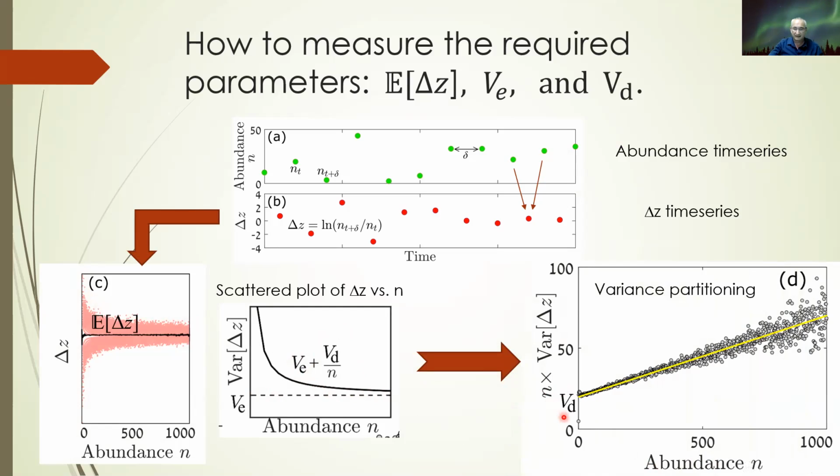So the intercept with the y-axis is the parameter VD needed, and the slope of this yellow line gives me the environmental stochasticity. So that's how one can extract these three parameters from the given time series. And once these three parameters are given, we can plug them into the formula and find the chance of invasion.